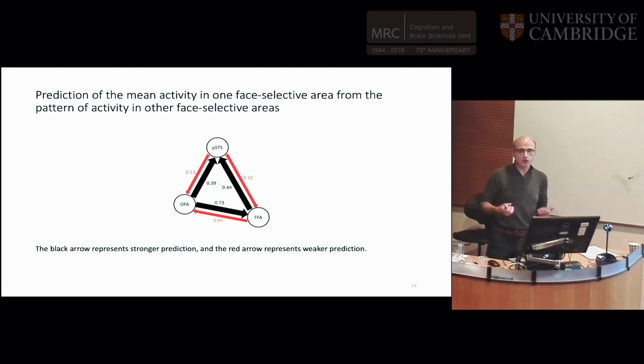So if we assume that the area which is a good predictor of the activity is located upstream in the visual hierarchy, it's a very strong assumption, but if we assume that we have a scenario like this, we can use this kind of analysis to infer the hierarchical organization of the visual areas. For example, here we may conclude that OFA is located upstream in the visual hierarchy compared to FFA and pSTS, and perhaps provides input to these areas.